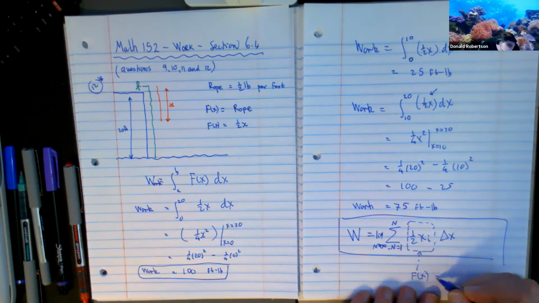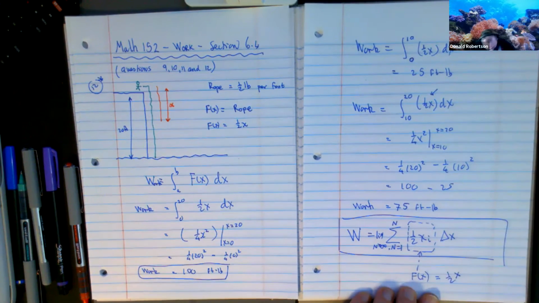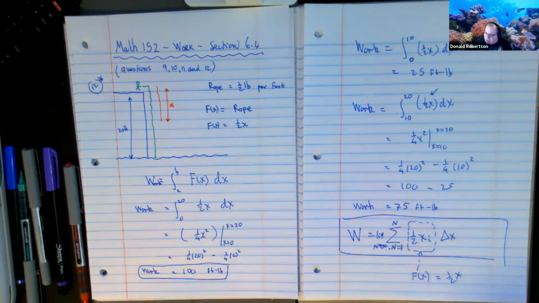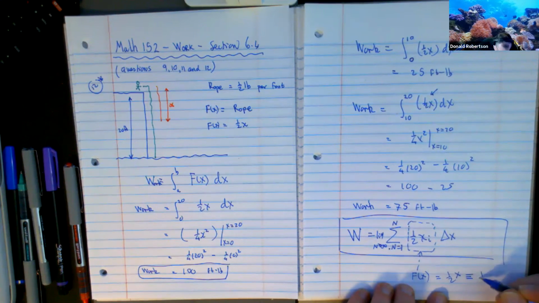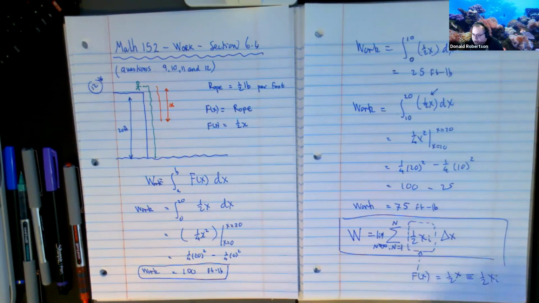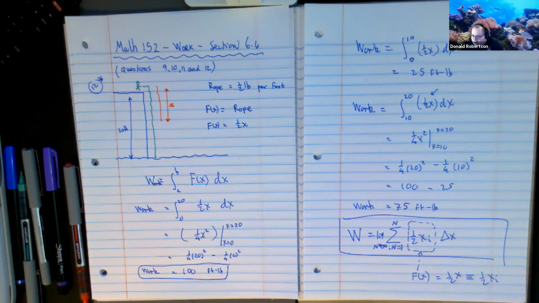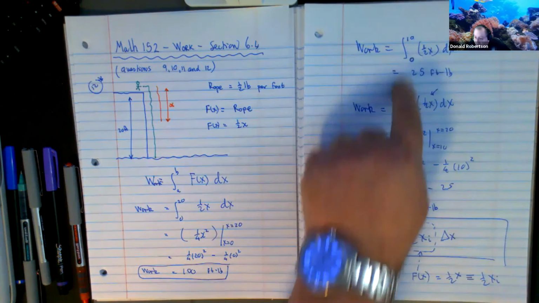Now, when we write it, we call it x 1/2 x. When you do it in sigma notation, that basically means each of the little baby x's that you would use to do the integral. So that becomes that, okay? So when you're doing the funny sigma things, you just put your force function in here, but put a little xi instead of x, and it's done. If I had my way, I would take the sigma out because it doesn't actually bring much to the process. It's much easier the way I've shown you, I believe.